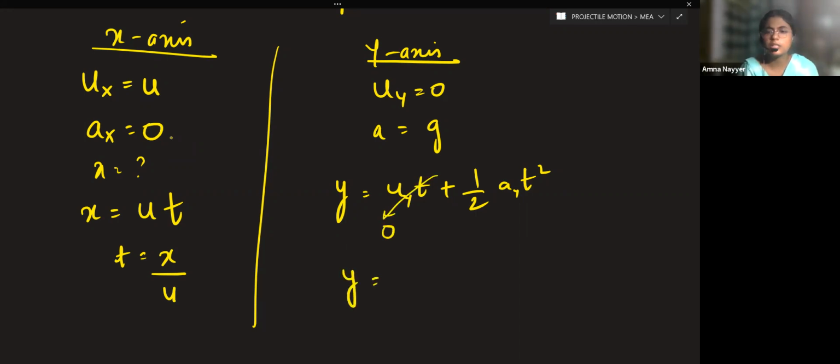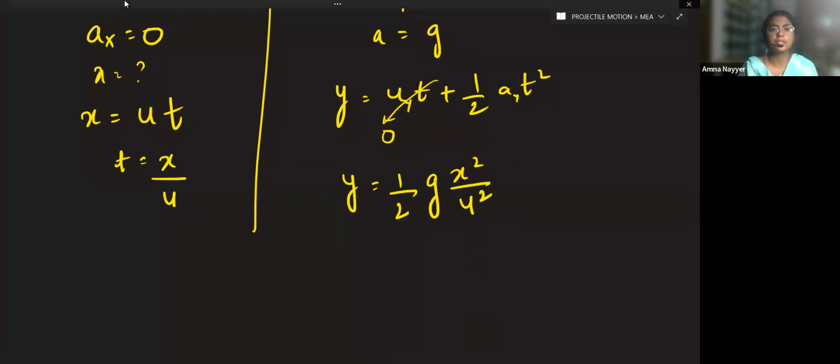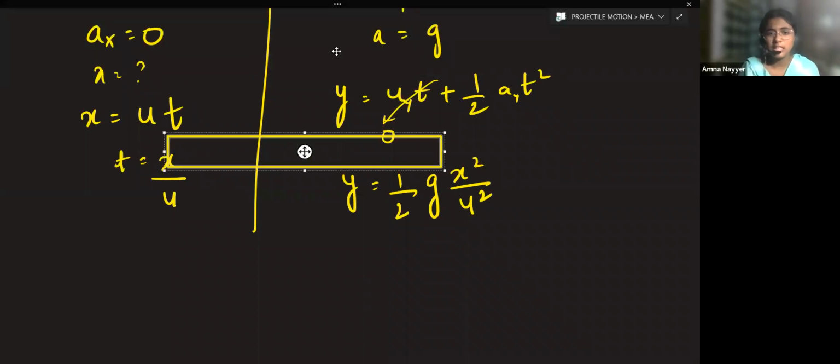So this becomes half, a is g, and t is x square divided by u square. This is the equation of trajectory. This is just the equation of trajectory. So you had such a long and lengthy equation in angular projection, the tan theta equation.